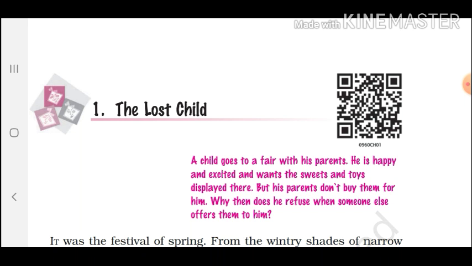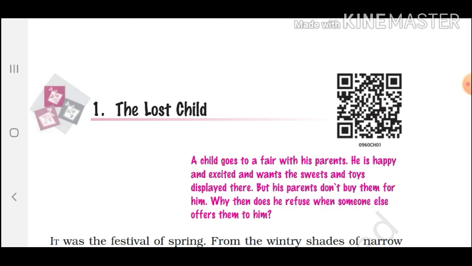He was very happy, very excited. He wants the sweets and toys that were displayed in the fair, but his parents did not buy them for him.